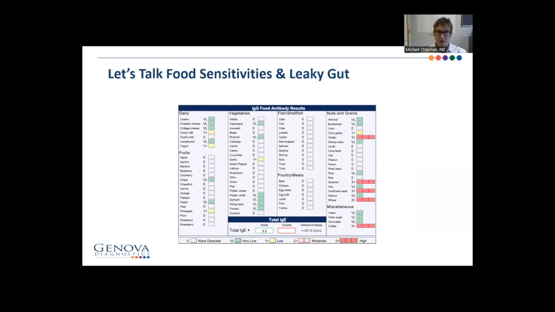Now the system has to react, because it's not supposed to be there. You're not supposed to have food proteins and things of this nature floating around, or even just below in the next layer of the GI lining. So keep in mind that food sensitivities and permeability are intricately connected.